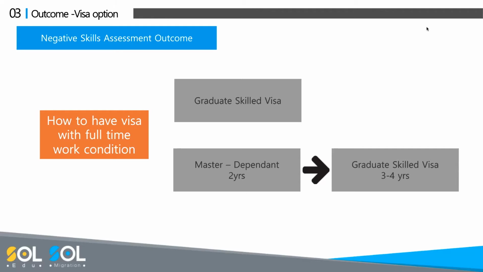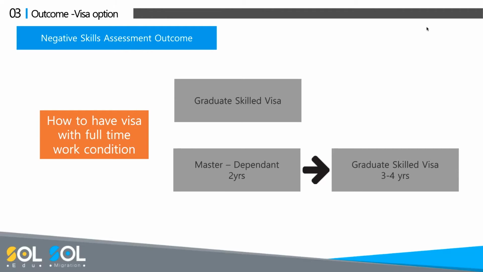But if you ask us about the opportunity to apply for permanent residency, then I can guide you. So there is no option, and your possibility is very limited because your skill assessment is negative. Then you have to study again.